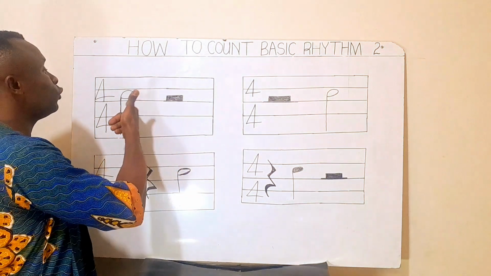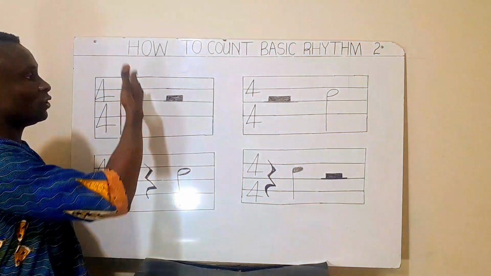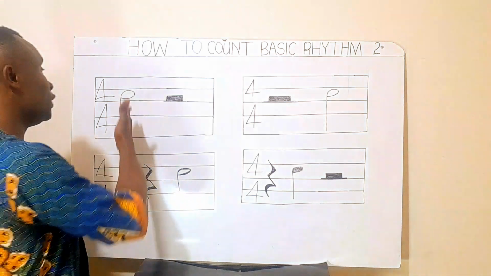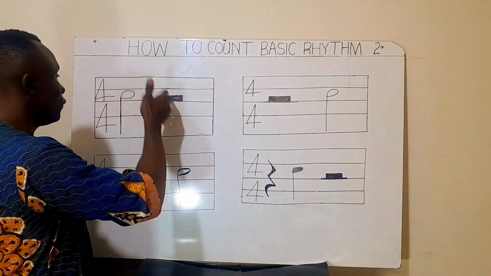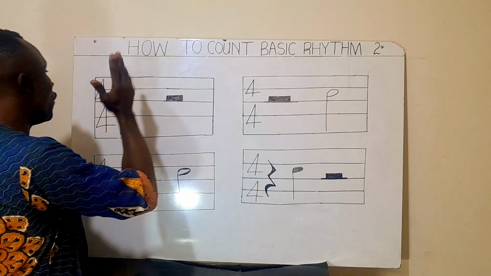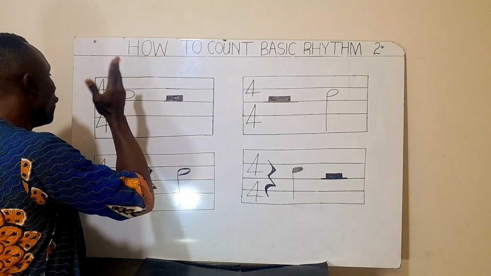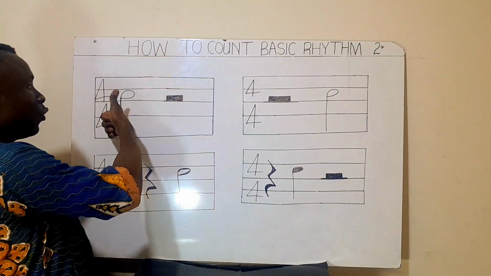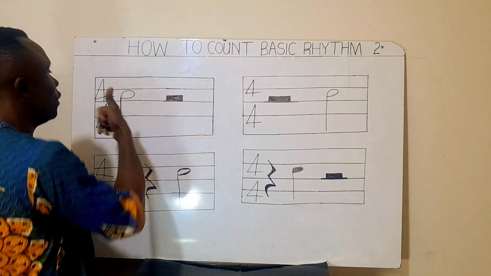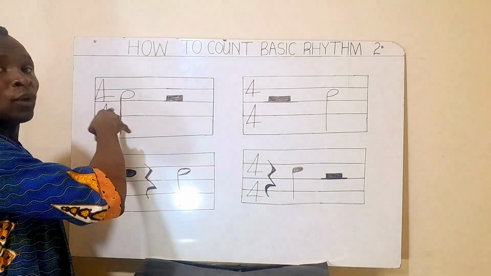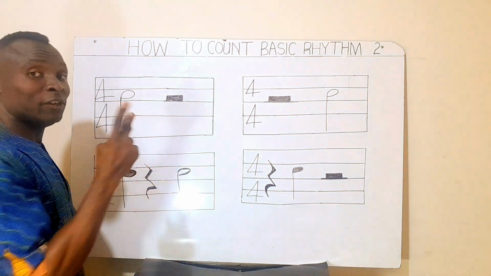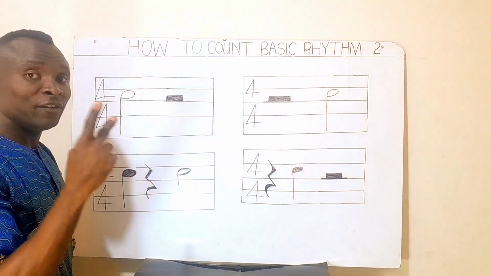So let me assign a note to this minim. Let's assume this is on the key of C, so this will be your Do. Do, Do. Remember, because the minim or half note has 2 beats and its rest equally has 2 beats.